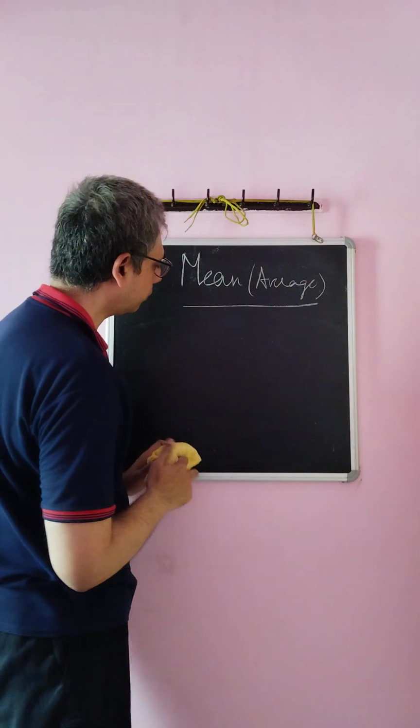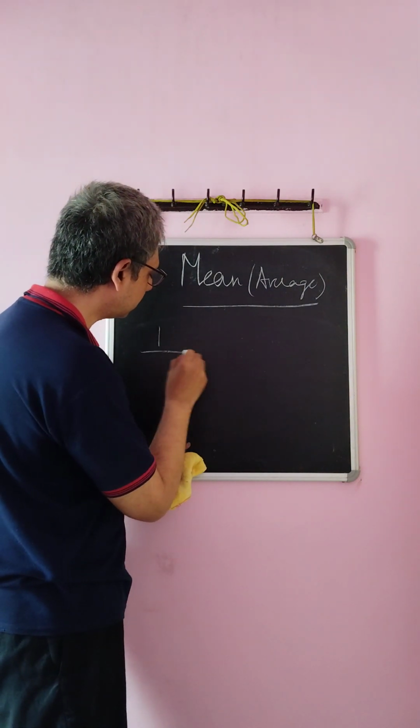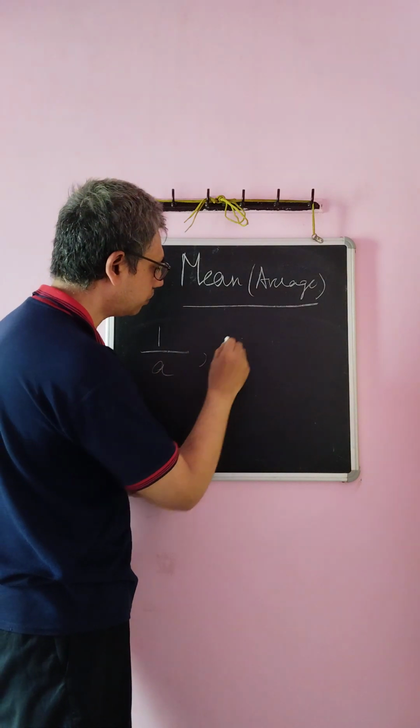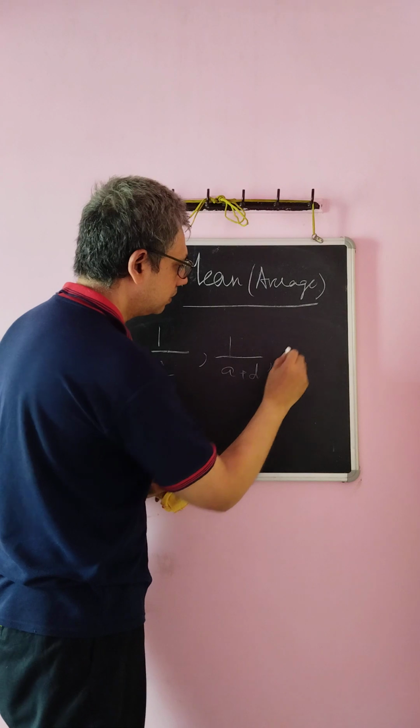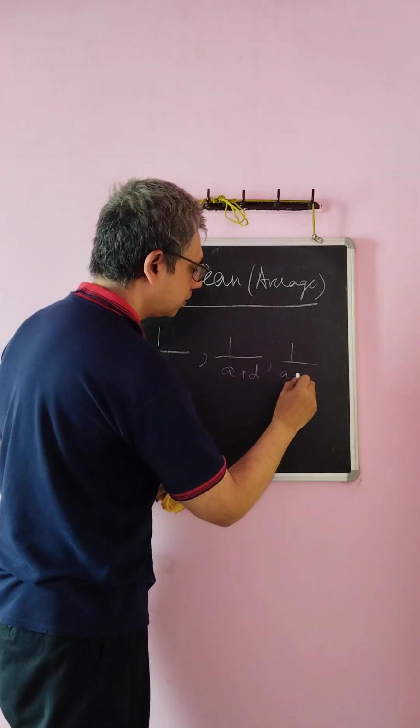For the harmonic progression, the terms are the reciprocals of the arithmetic progression: 1 by A, 1 by A plus D, 1 by A plus 2D, and so on.